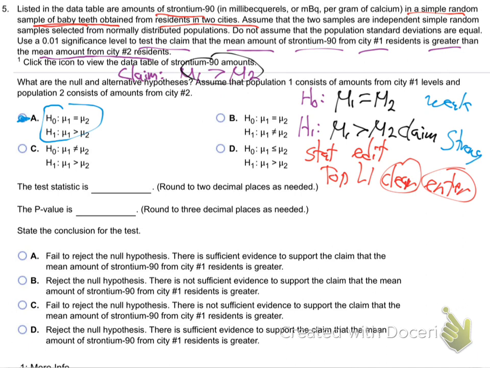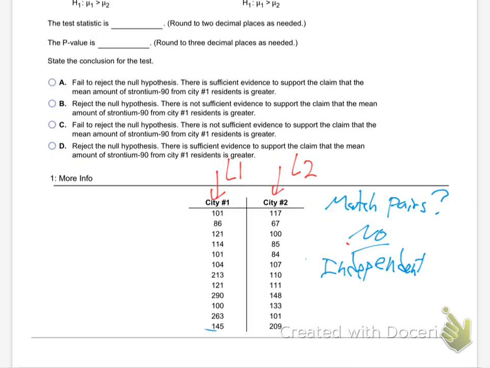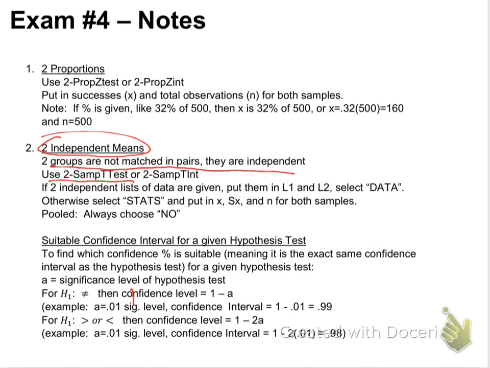So clear out the data from L1. And then put in L1 and L2 data. So get all that in there. This L1 data and this L2 data. Put those in. That's what this says. 2 independent lists of data are given. Put them in L1 and L2 by selecting data.